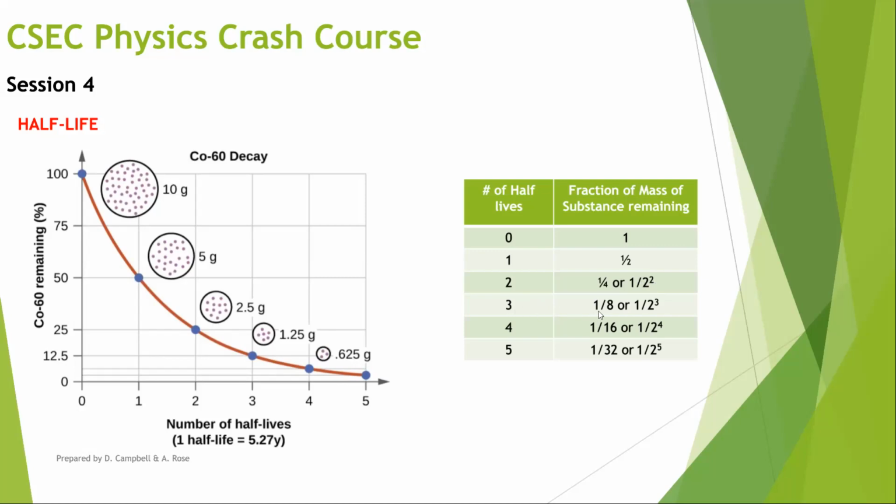After 3 half-lives, we have 1/8, or 1/2 to the third, and so on. So we can use these fractions to find out how many half-lives have passed.